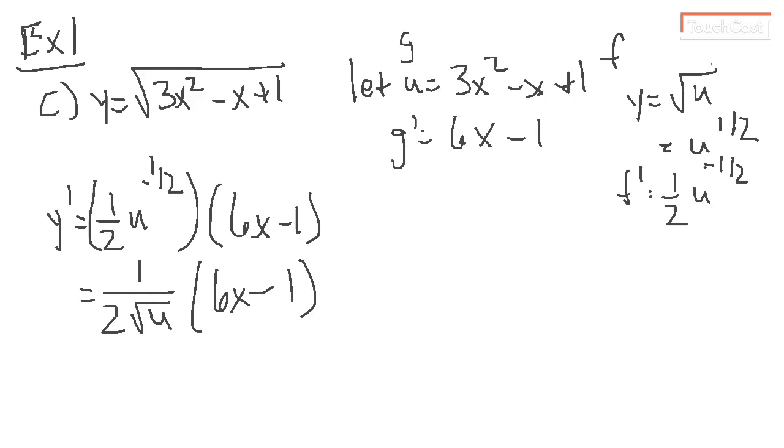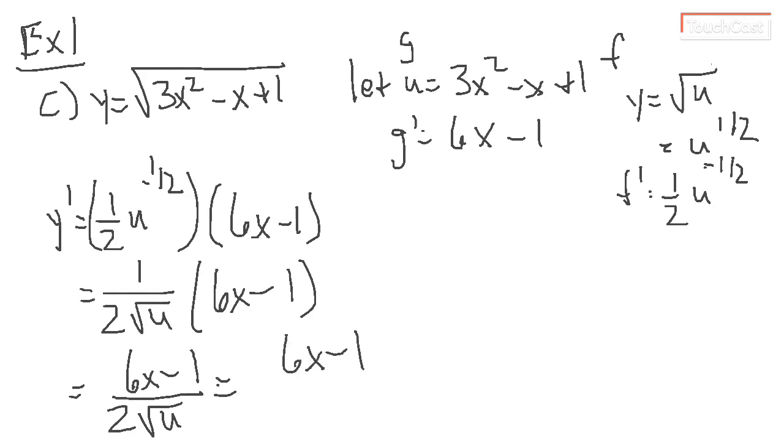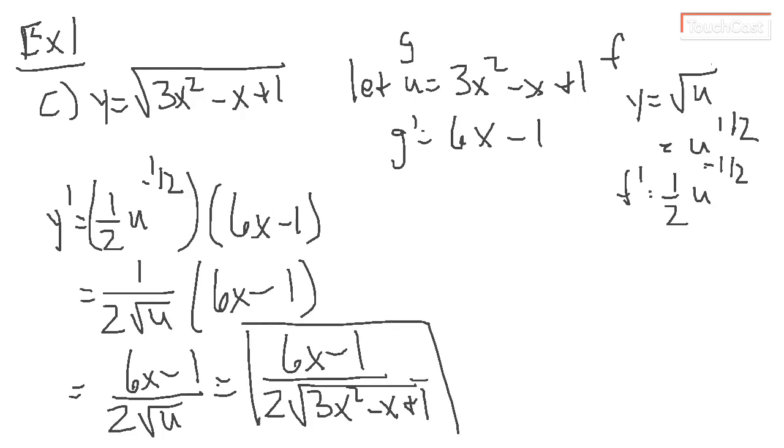Through multiplication, we can write this as 6x minus 1 over 2 square roots of u, and then we can replace u with our 3x squared minus x plus 1. So our full derivative is going to be 6x minus 1 over 2 square roots of 3x squared minus x plus 1. And we're done with that one.